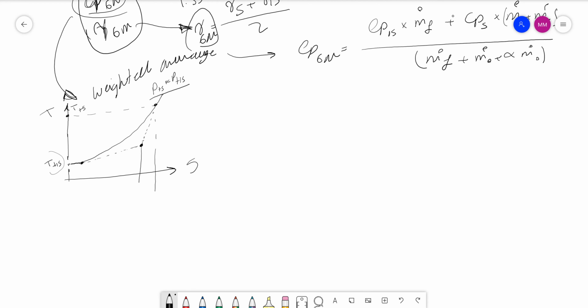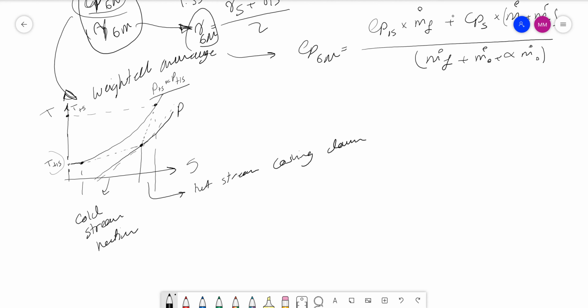So essentially this region is your hottest stream cooling down, and this region is your coldest stream heating up, right? Of course, they meet at a location which is going to be on another constant pressure line, and that will give you the total pressure at station 6, right?